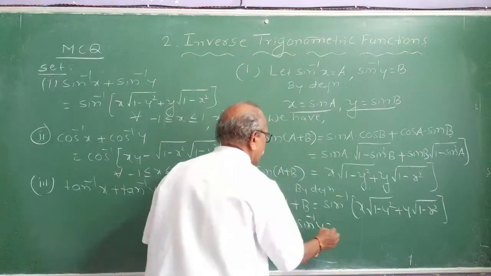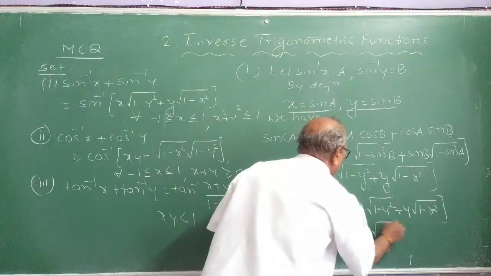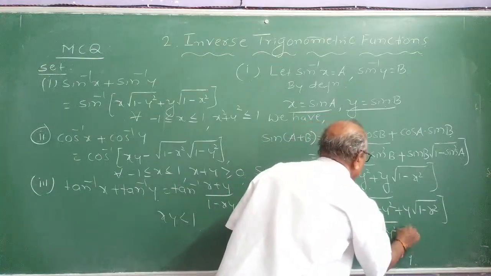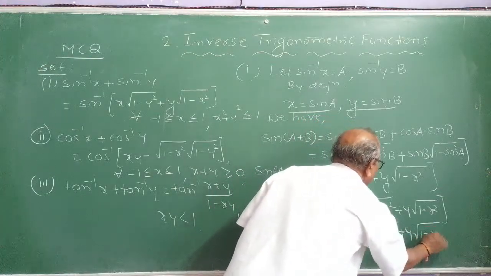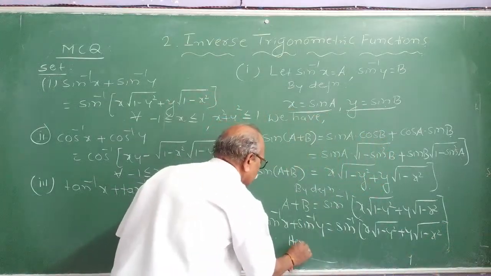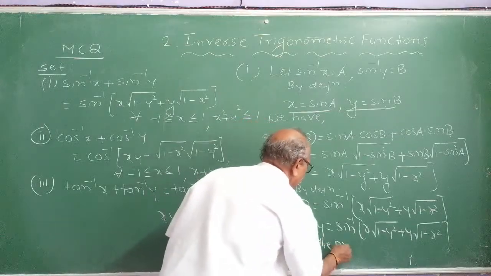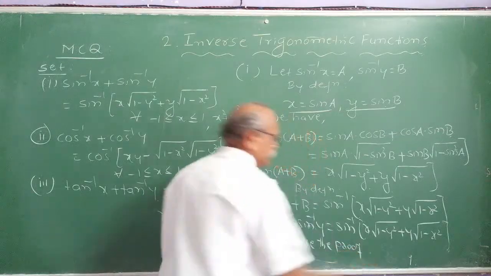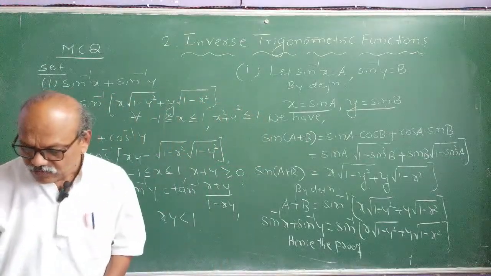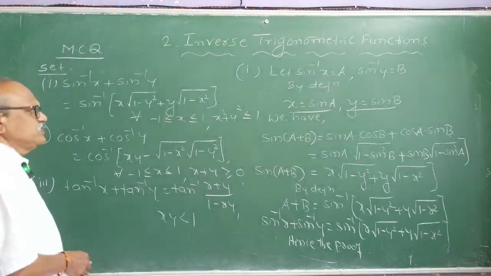Based on compound angle, you can prove that sin inverse x plus sin inverse y is sin inverse of x root 1 minus y square plus y root 1 minus x square. Hence the proof of the result. Remember the formula. Hence the proof. Clear? That is the first result.